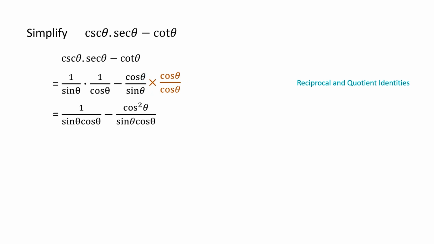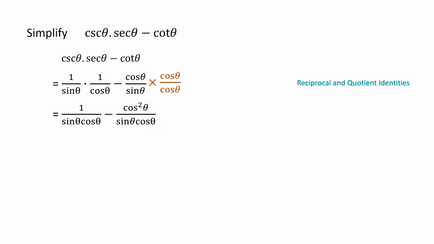Doing so will give me this. You can see now that from the first fraction, if I club these two expressions, I get 1 over sine theta cos theta, minus cos theta times cos theta will give me cos squared theta, and in the denominator I have sine theta cos theta that comes here.